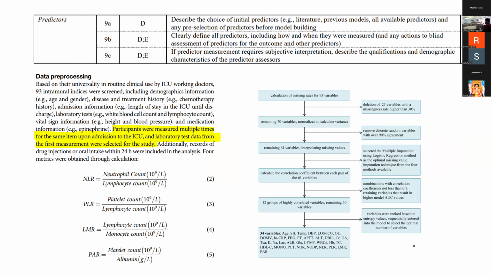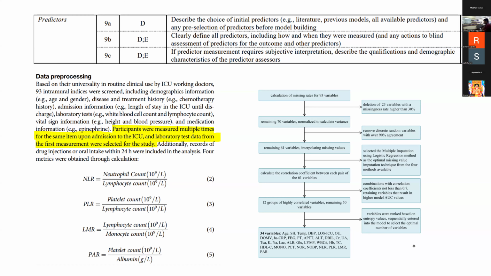Now, the ninth question is: describe the choice of initial predictors. Which initial predictors did they take, and was there any pre-processing or pre-selection of predictors before model building? They mentioned that the 93 indices they initially took included demographics information, disease treatment history, admission information, lab test, and medication information.